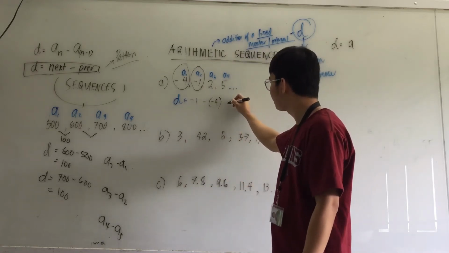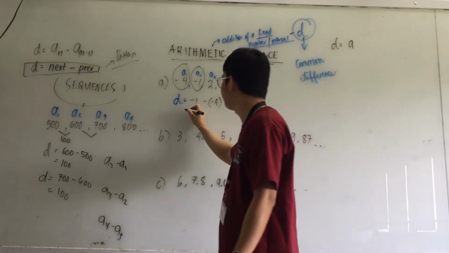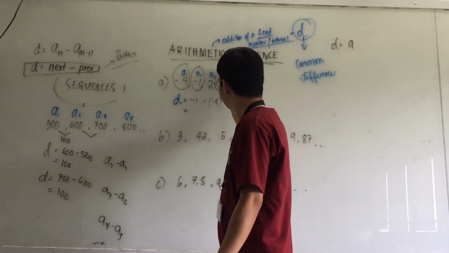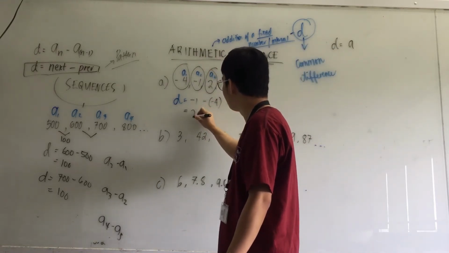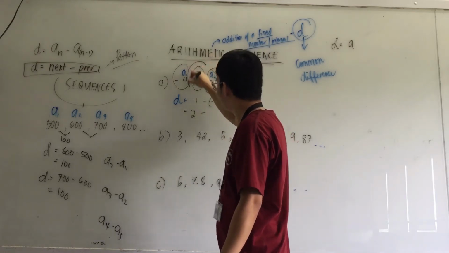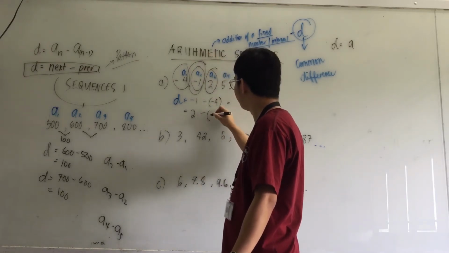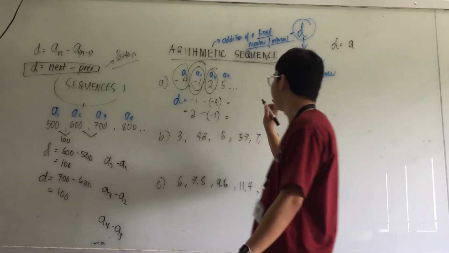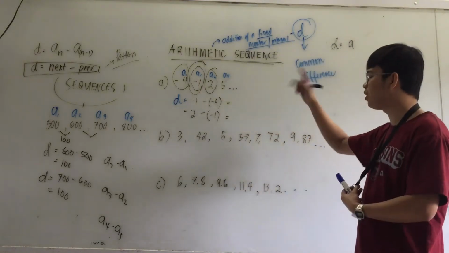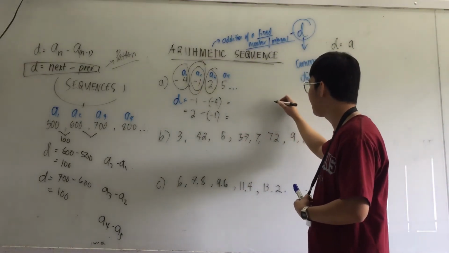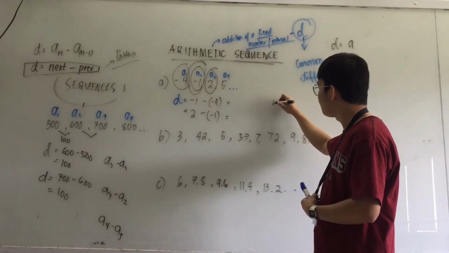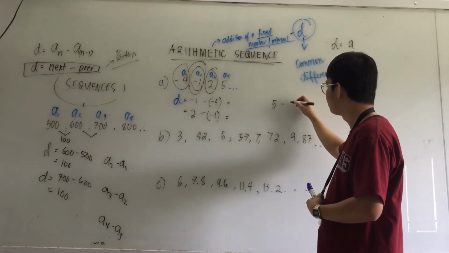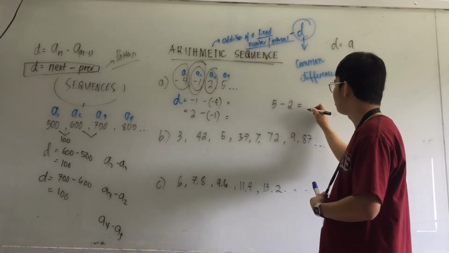Check if that will be equivalent to next 2 minus previous negative 1, and 5 minus 2.